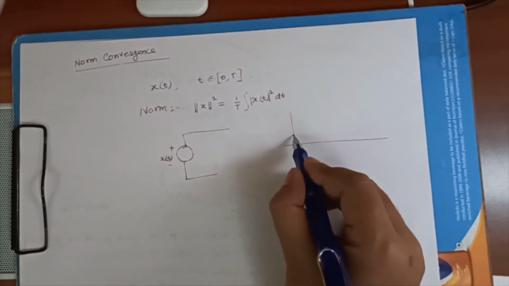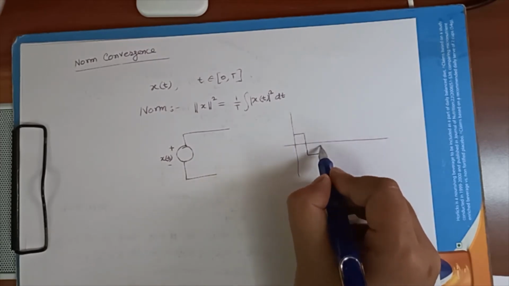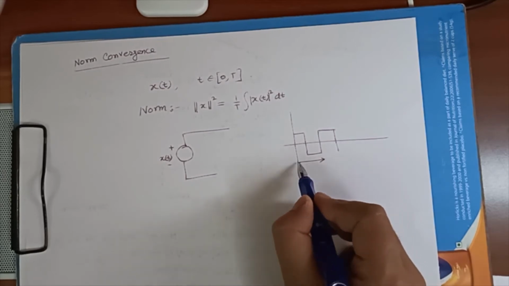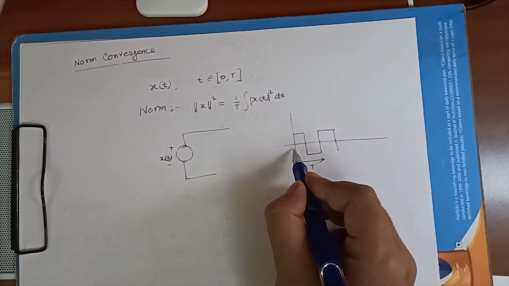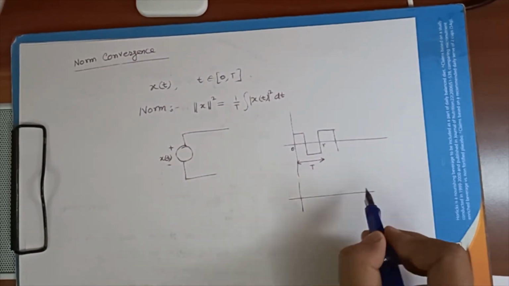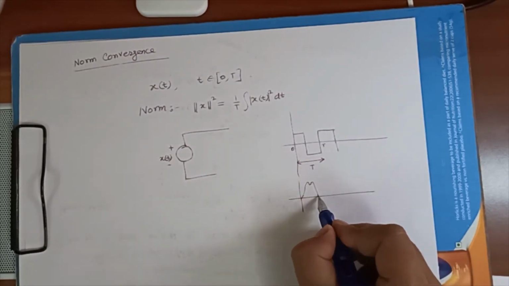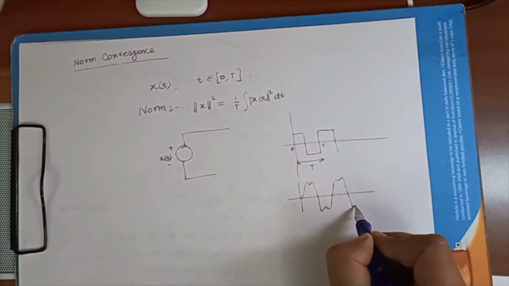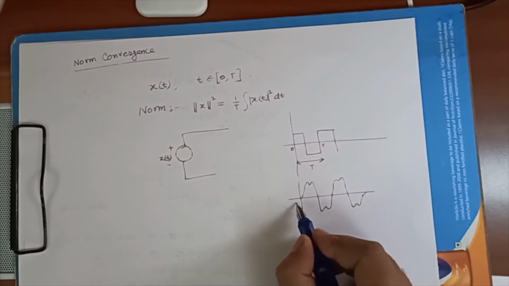So it can be like this. So this is a square wave. This is the interval capital T from 0 to T, and it repeats over and over again, or it can be some arbitrary signal as well, and that repeats over and over again, and this is your 0 to T.